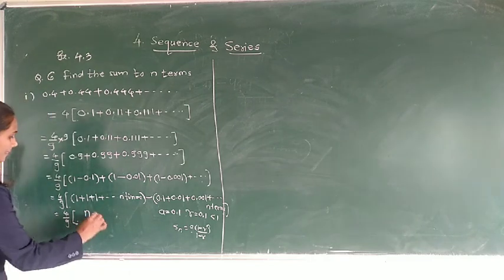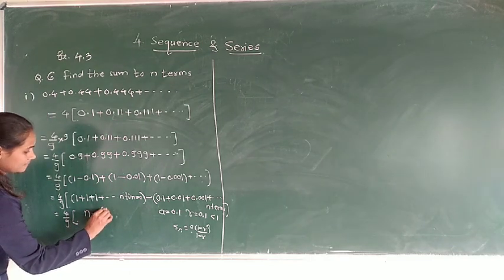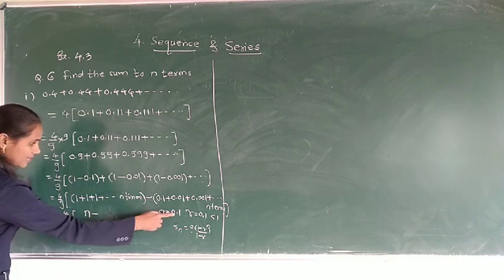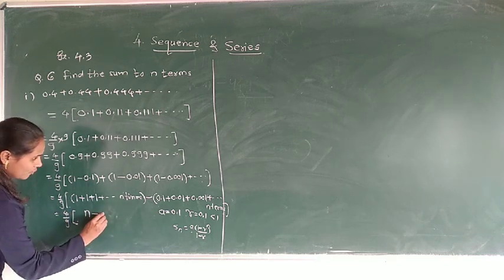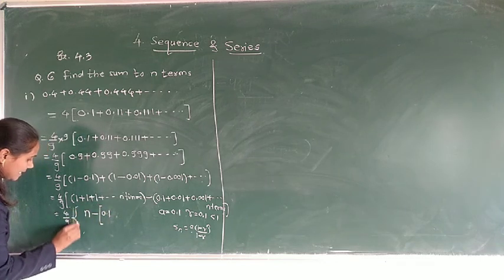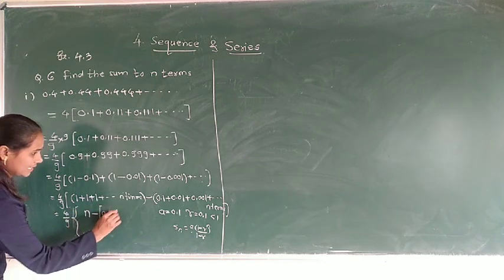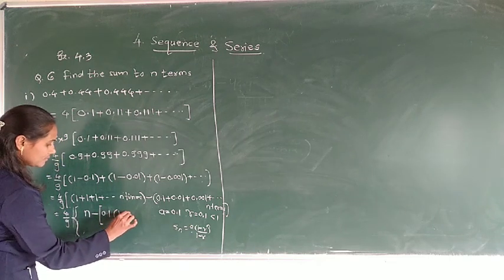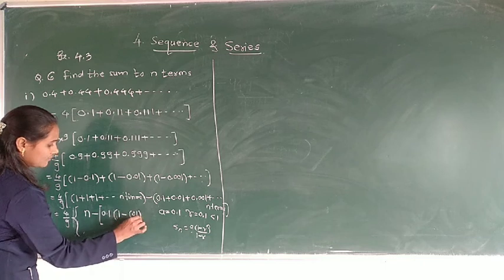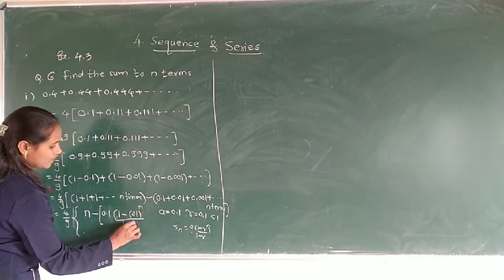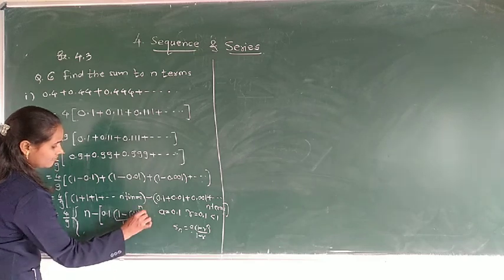Therefore here we get n minus, what is the value of a? 0.1. Here we take a curly bracket, 0.1 in bracket 1 minus, what is the value of r? 0.1 raised to n, divided by 1 minus 0.1.